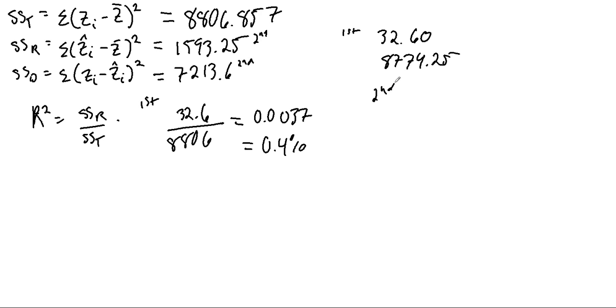So my second order, doing the same thing, I have 1593 divided by 8807, and that gives me a value of 0.181. So I change that into a percentage, it's 18%, which again is not very high.